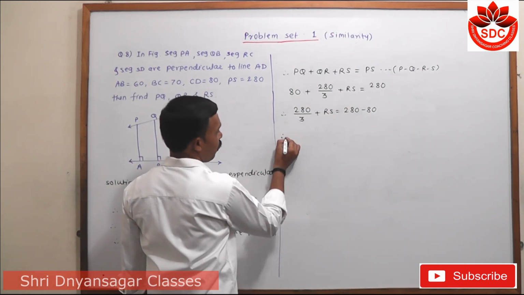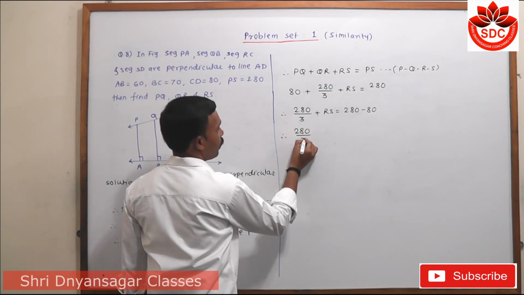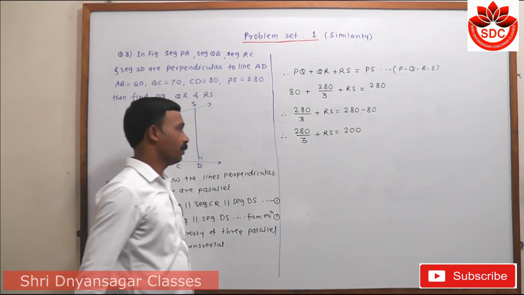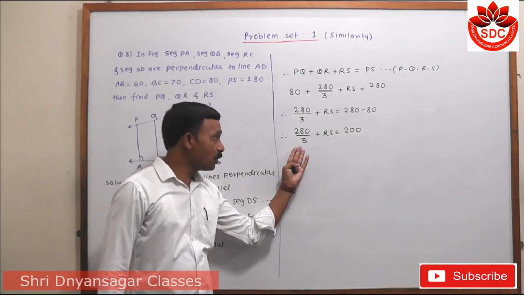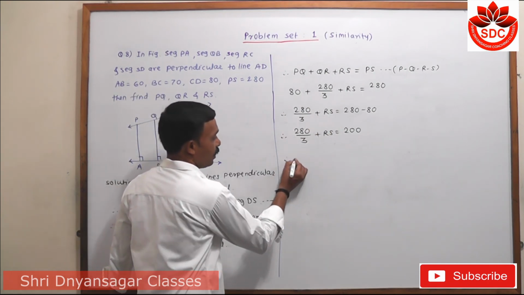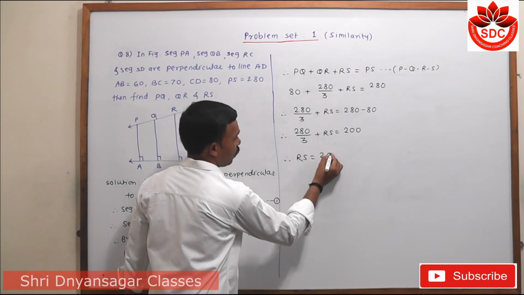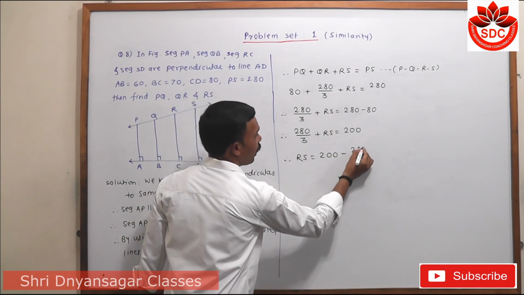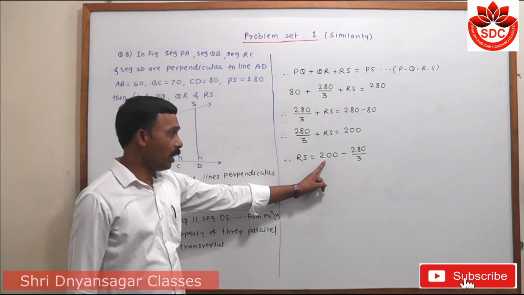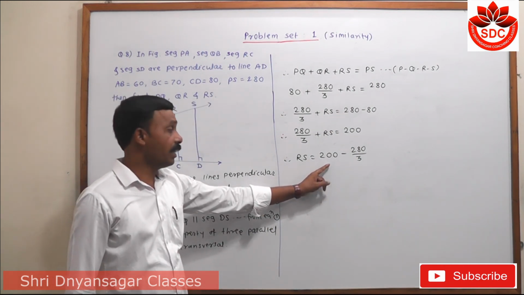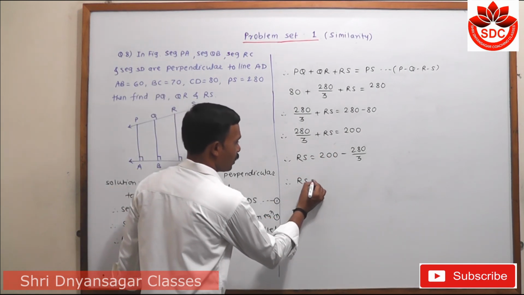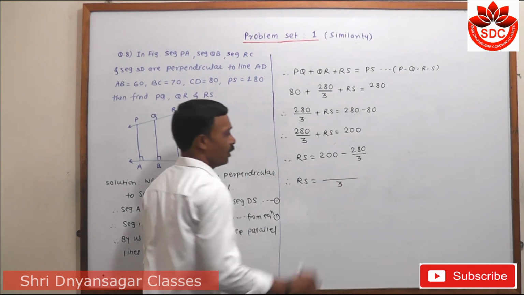Then what is the subtraction? 280 upon 3 plus RS is equal to 200. Then again I transpose this 280 upon 3 to the other side. We get RS is equal to 200 minus 280 upon 3. Now student, the 200 has denominator 1. So the LCM is 3.